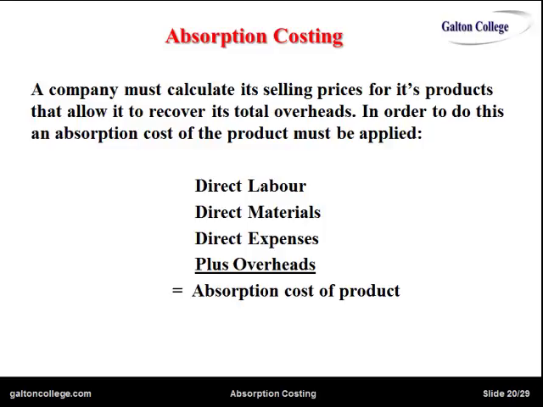In other words, we have direct labour, clearly that's used to make the product, direct materials made from raw materials and semi-finished goods, direct expenses, whatever the direct expenses are, depends on the nature of the product, plus the overheads of the business, the rent, the rates, the utilities, all of the overheads, and those are apportioned so that the absorption cost of the product is then worked out.